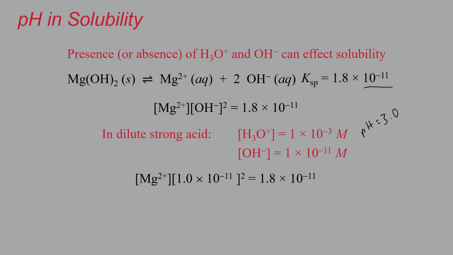So what would the magnesium concentration be if the hydroxide concentration was actually kept at 1 times 10 to the negative 11 molar? So let's say that this solution was buffered to stay at pH 3. Well, you would get this setup right here.